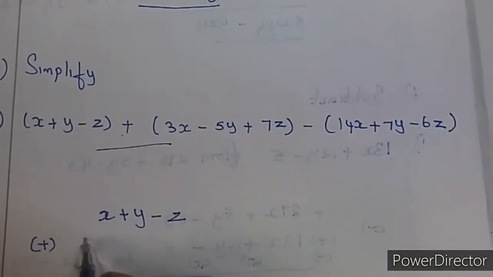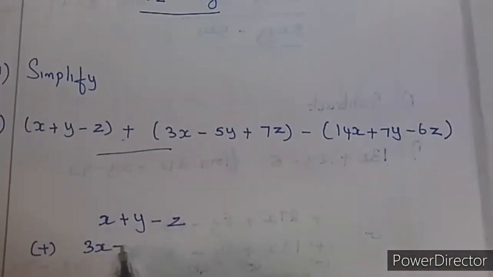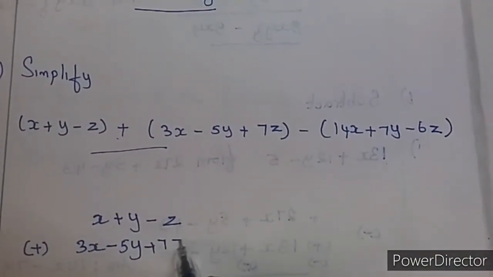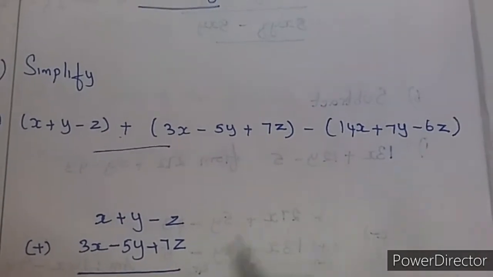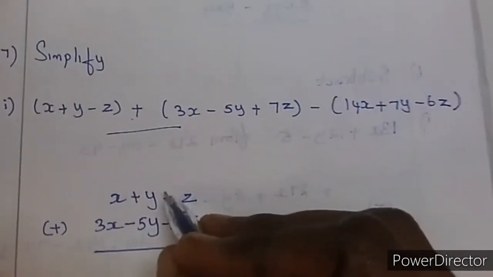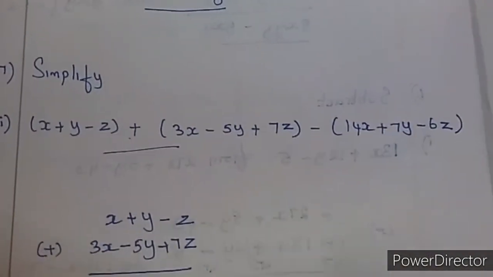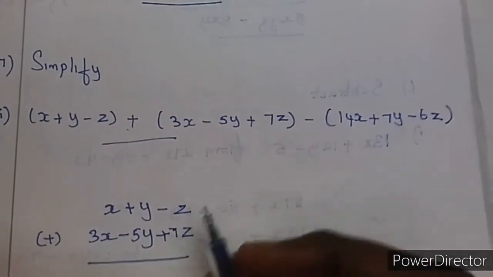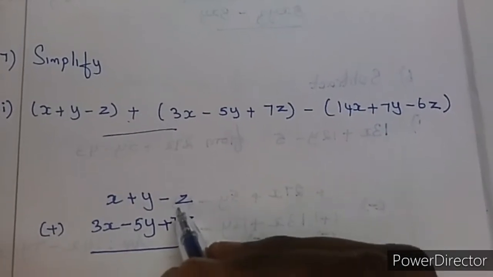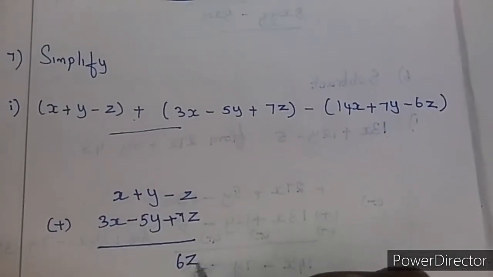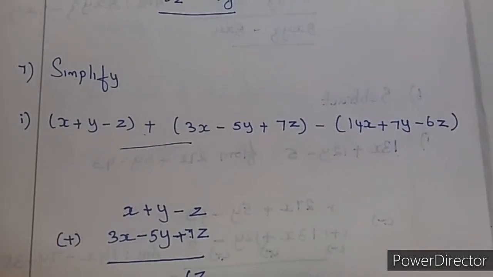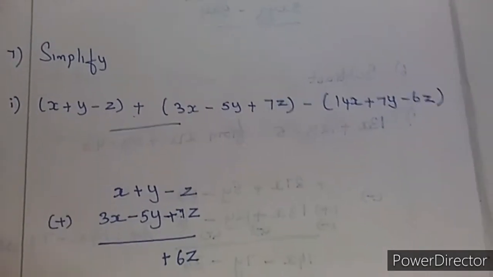So 3x under x, 3x minus 5y plus 7z. Now plus into minus, we have to subtract these two terms. So 7 minus 1, 6z. Which number is greater? 7. Plus sign is for that. You have to write the plus sign here.